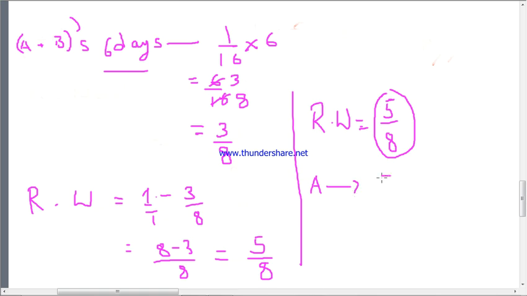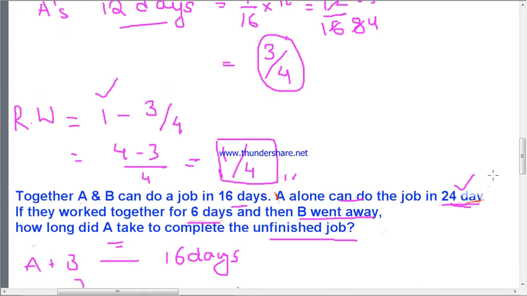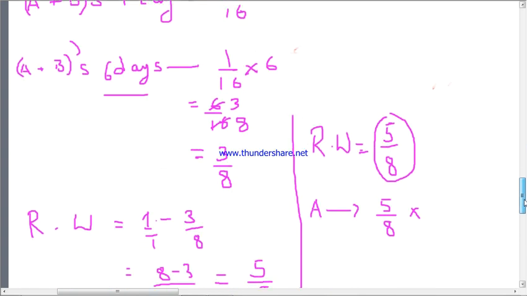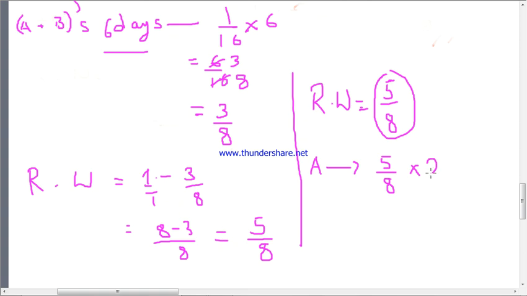So A completes the remaining work multiplied by A alone. If it had been A alone, how many days would he have taken? 24 days. So you have to multiply the remaining work by A's time taken to complete the job, that is 24 days. 8 into 1 is 8, 8 into 3 is 24. 5 into 3 is equal to 15 days.